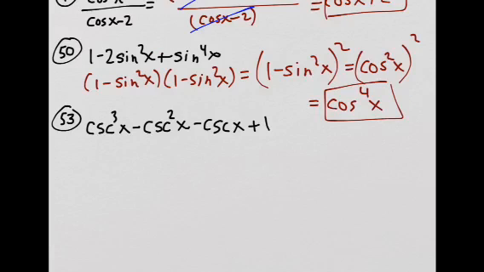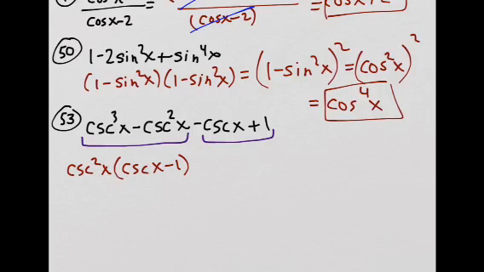Alright, 53 is a 4-term expression, so I'm going to factor by grouping. So I'm going to group these two together and these two together, and the first pair has cosecant x in common, so I factor that out of both of them. Oops, not squared, sorry. Cosecant x minus 1.